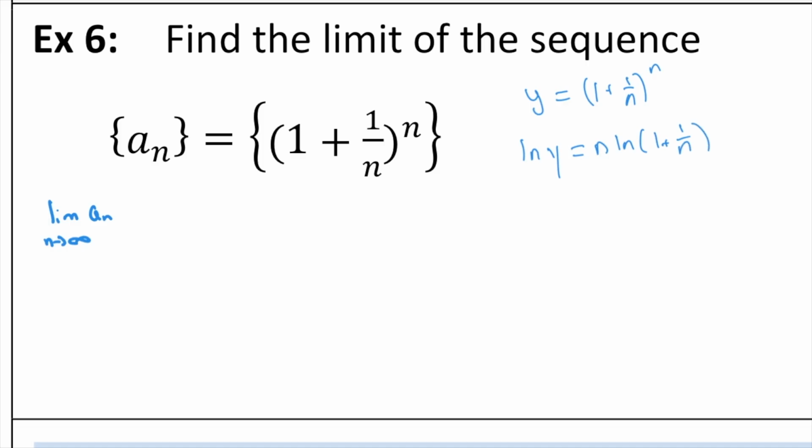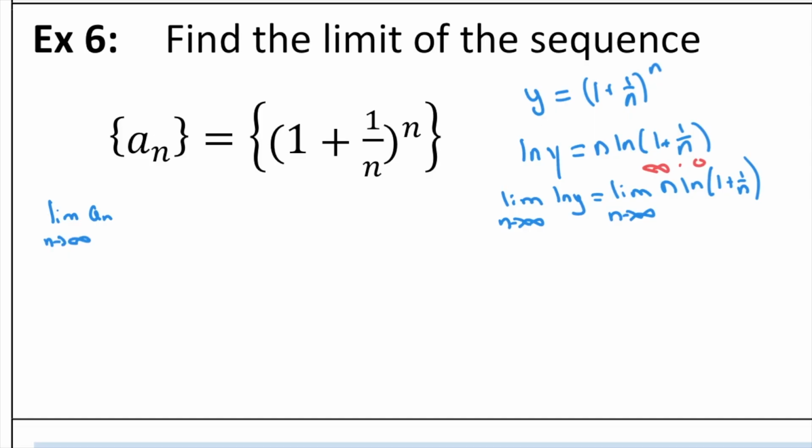And now we'll find the limit. The limit as n goes to infinity of the natural log of y is going to be equal to the limit as n goes to infinity of n times the natural log of 1 plus 1 over n. And when you do your substitution for positive infinity, you get infinity multiplied by the natural log of 1 plus 1 over infinity, so that's going to be 0, which is an indeterminate form.